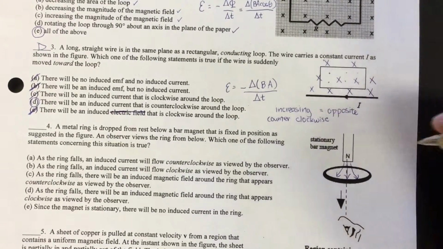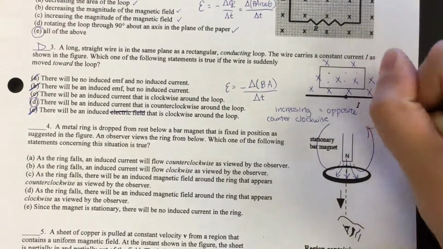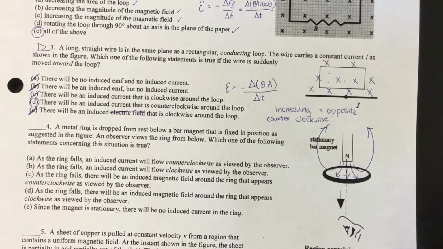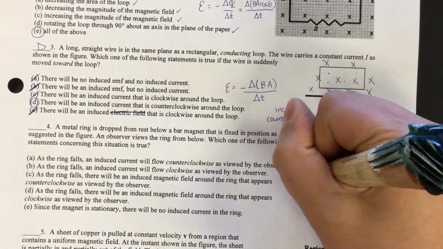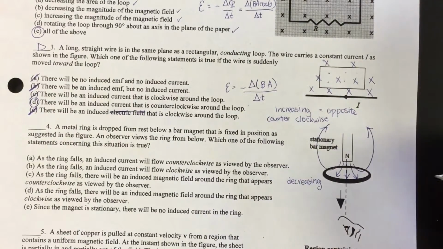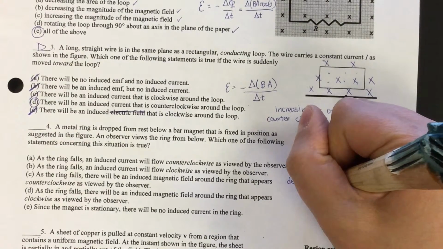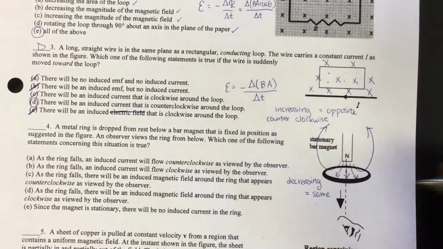Remember, magnetic field goes from north to south, so imagine it doing one of these things. And it's going to be experiencing a decreasing magnetic field. When it's a decreasing magnetic field, it's going to put an induced field in the same direction by Lenz's law.